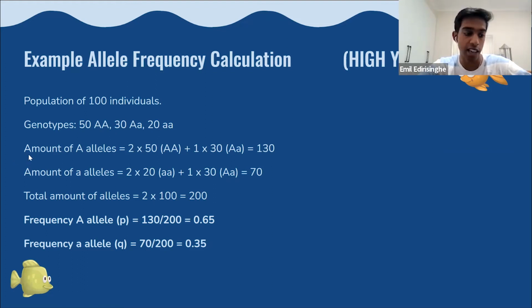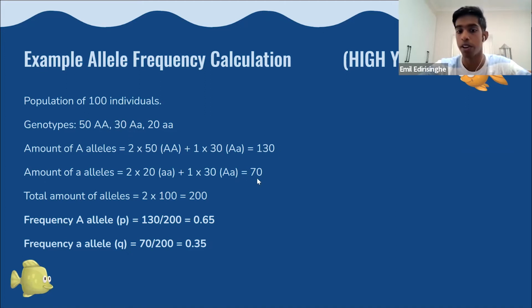Then the total number of big A alleles, the dominant alleles, is going to be 2 times 50, because there are 2 here, plus 1 times 30, because there's one big A here. So you get 130. The number of recessive alleles will be 2 times the number of homozygous recessive individuals, plus 1 times 30, which is the number of heterozygous individuals.